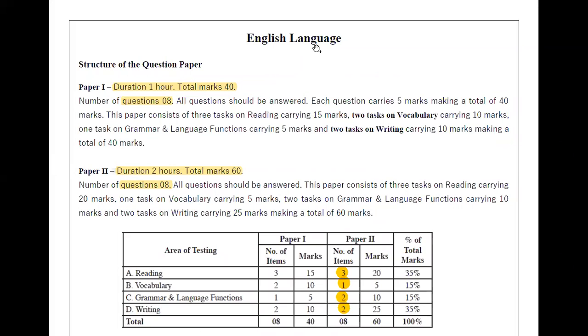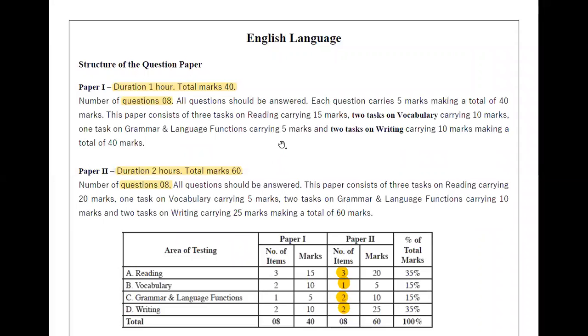The paper consists of 2 parts, paper number 1 and paper number 2. In paper number 1, we have 1 hour or 60 minutes to complete the paper, and if we do it well, we can go for the full mark, which is 40 marks in total.